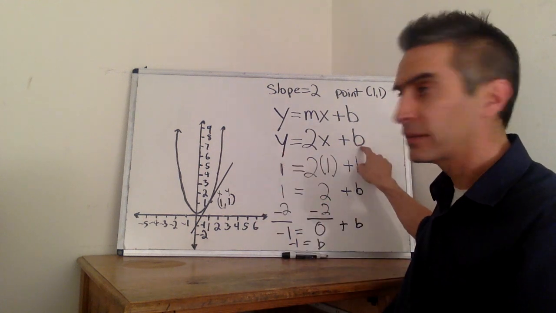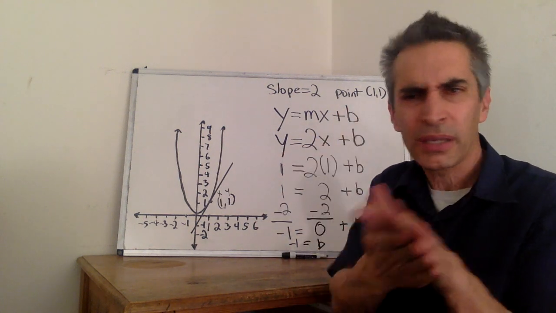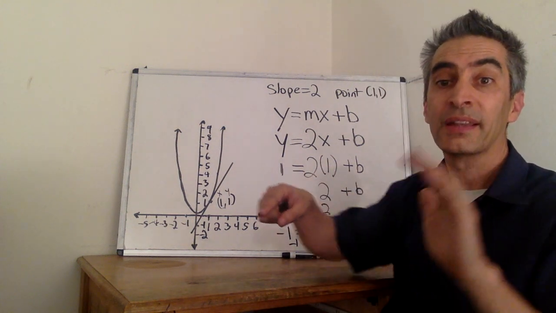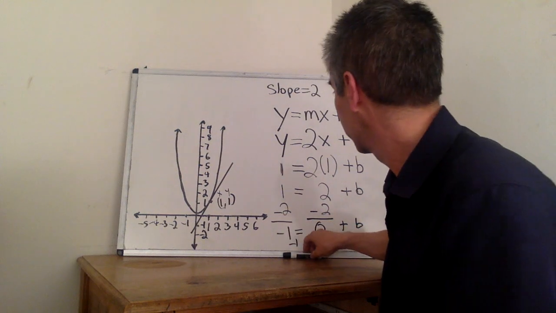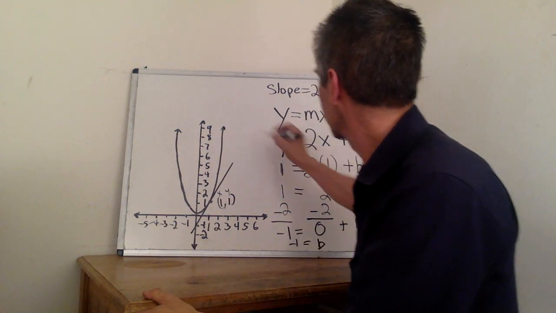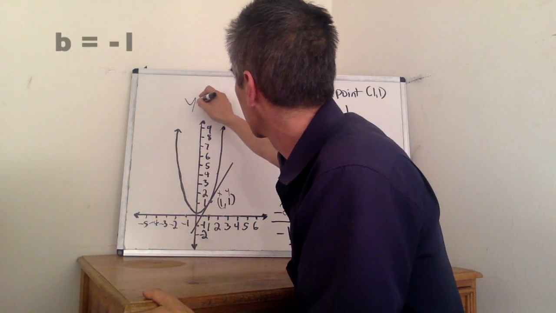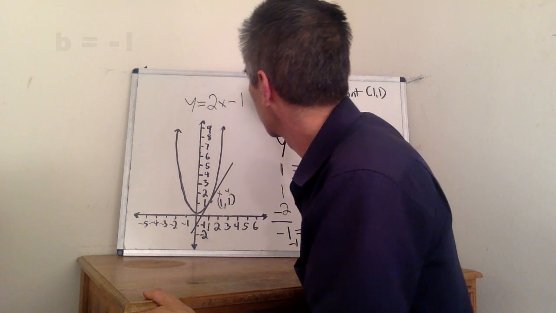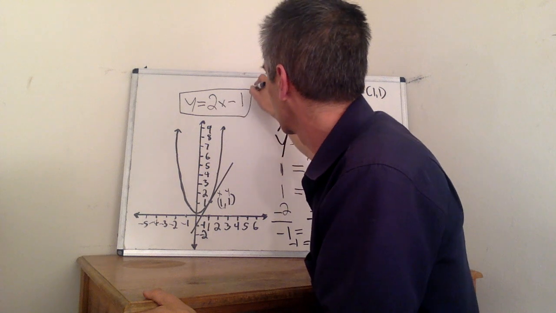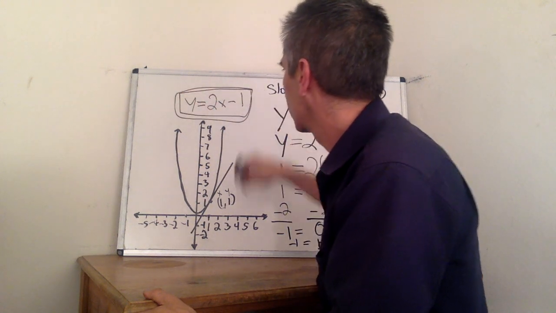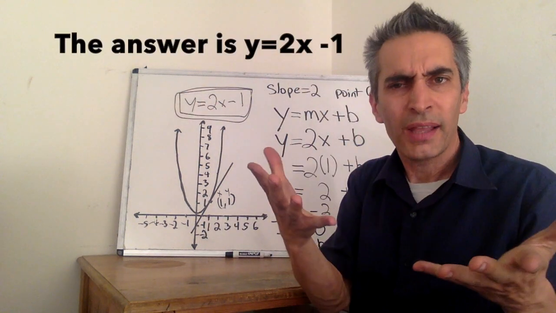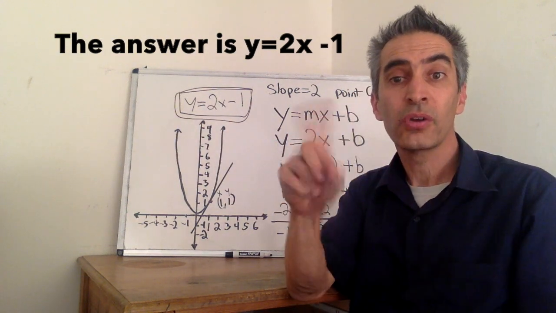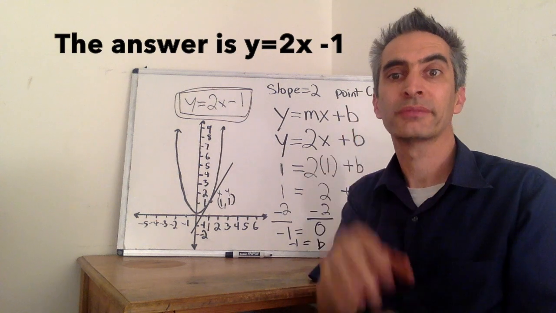Now, what is this b going to become? Negative 1. And what is the answer? y equals 2x minus 1.